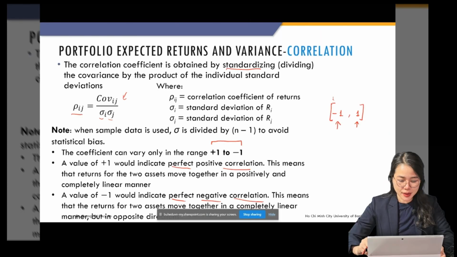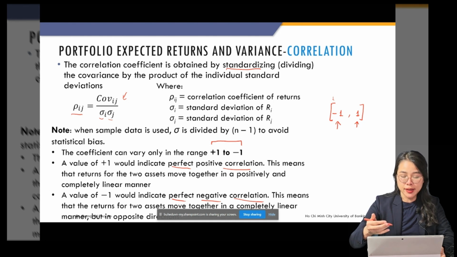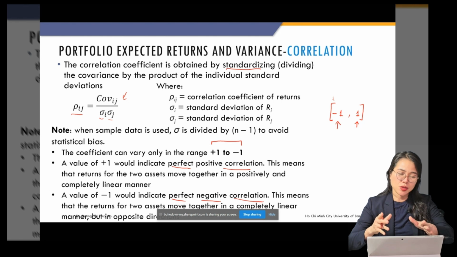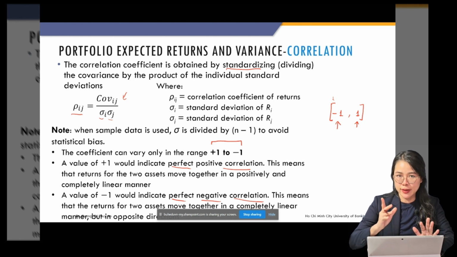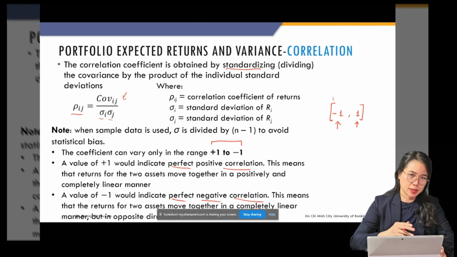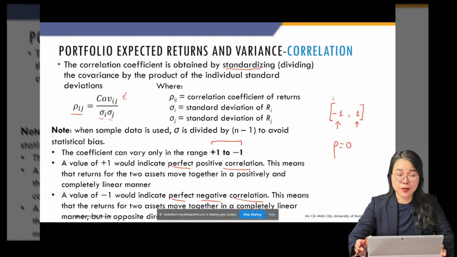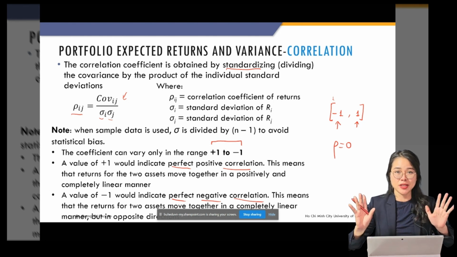The higher the absolute value of rho, the higher the relationship, the higher the extent to which the two financial assets move together, either in the same direction or in the opposite direction. So when rho is 0, what does that mean? It means the two financial assets have no correlation.